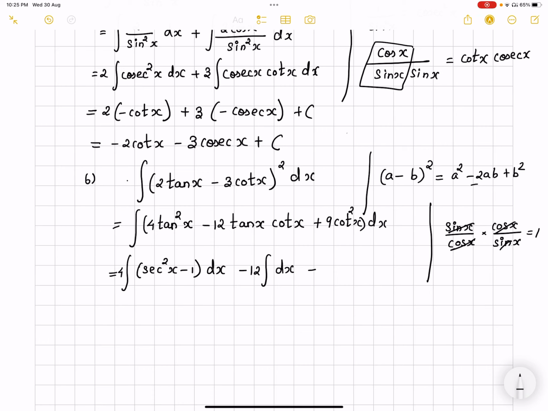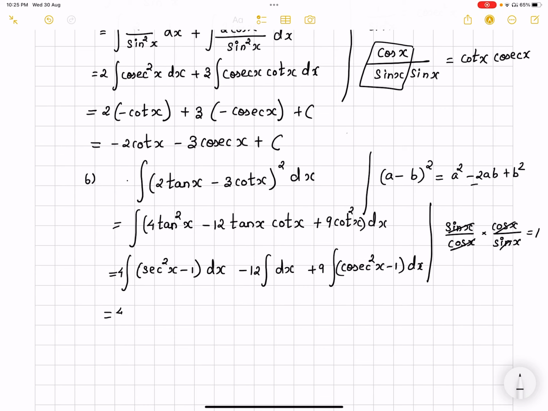And then plus 9, we have cot square x. Cot square x is nothing but cosecant square x minus 1, so here you write it as cosecant square x minus 1 dx. Now we have integration for secant square, we have integration for cosecant square, and so without any trouble we would be able to proceed.